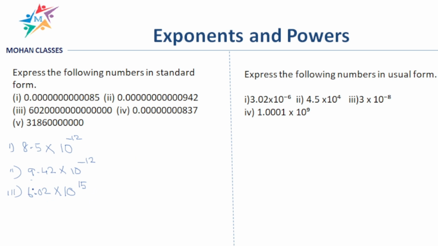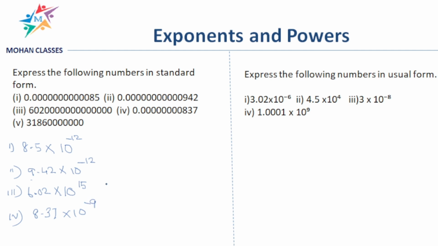What about this fourth one? Here 8.37 you have to put first. 8.37 into 10 you have to put. Then you have to put the power. 1, 2, 3, 4, 5, 6, 7, 8, 9. So here it will come plus 9 or minus 9?